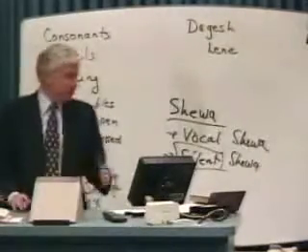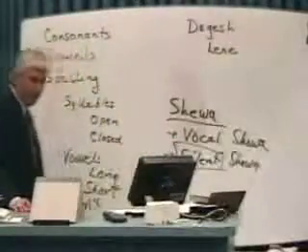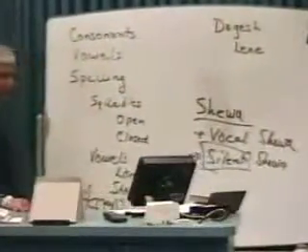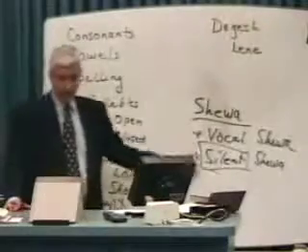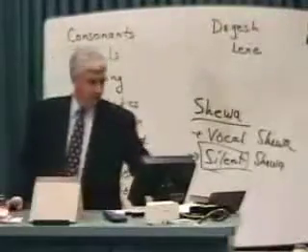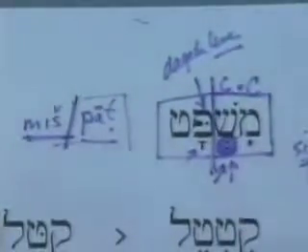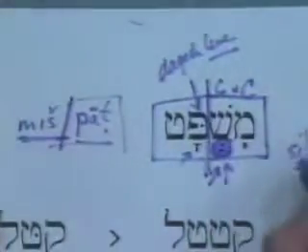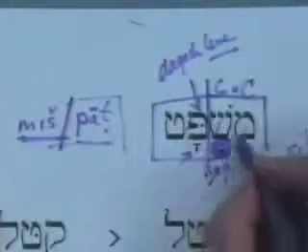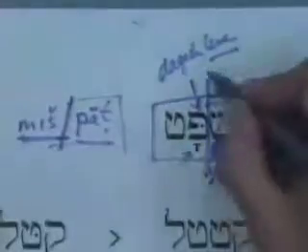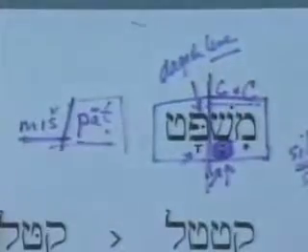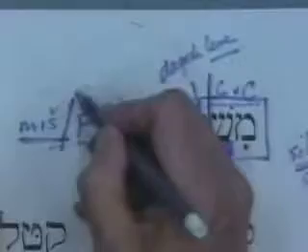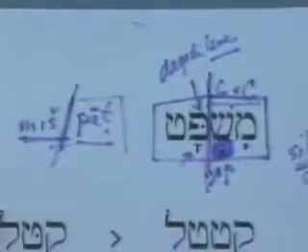But the fact of the matter is we have these two kinds of schwas, the vocal schwa and the silent schwa, and they look exactly the same. How do you tell them apart? Well, one has sound and one doesn't. Or, better, more helpful, is that the silent schwa really comes at the end of a closed syllable, marking the end after a consonant, followed by no vowel at all, by no sound at all, as in mishpat.